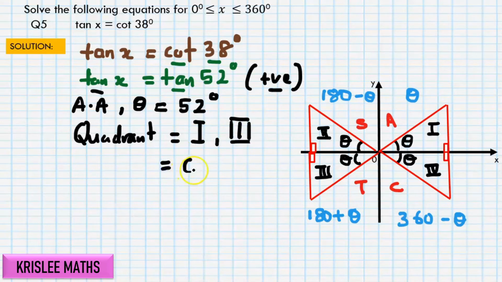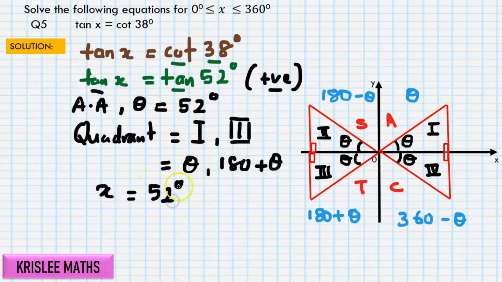In the first quadrant it is theta, and in the third quadrant 180 plus theta. Now you can obtain the x values. So theta here is 52 degrees. In the third quadrant it is 180 plus theta, therefore 180 plus 52, that will give you 232 degrees. So these are the answers for question 5.